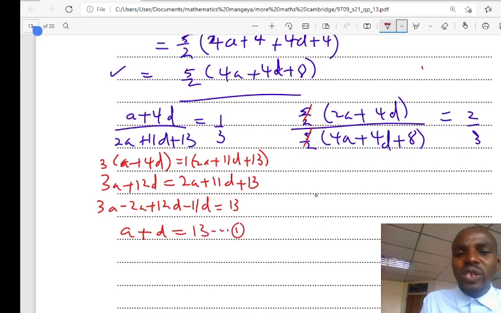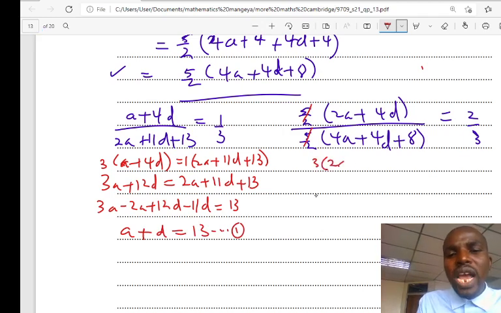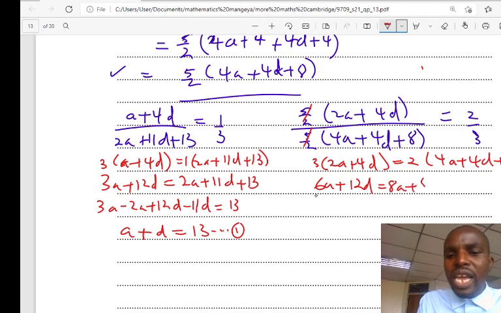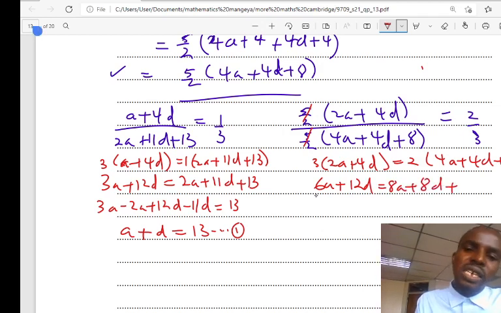For the second equation, I use this one, cross multiplication. 3 will multiply 2a plus 4d, then is equal to 2 will multiply 4a plus 4d plus 8. Then remove brackets, you get 6a plus 12d is equal to 8a plus 8d plus 8 times 2 is 16. Then you can collect like terms.